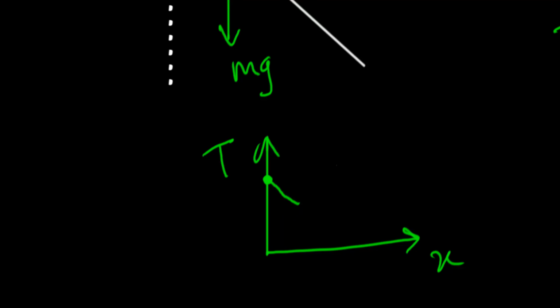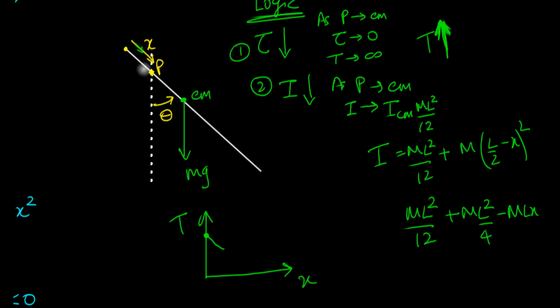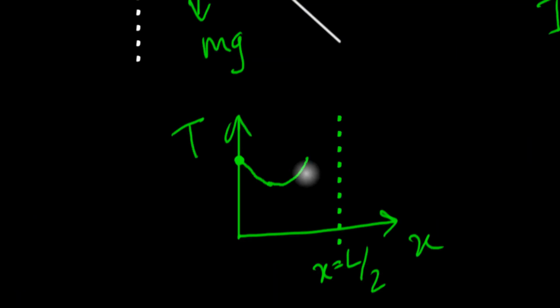But then after some point, what I think will happen is the torque will start decreasing much quicker, and after that this starts going further up. All right, yeah, and then I think it asymptotically, so if I draw this as x equal to, I'm very excited, as x equal to L divided by 2, I think it asymptotically approaches infinity.